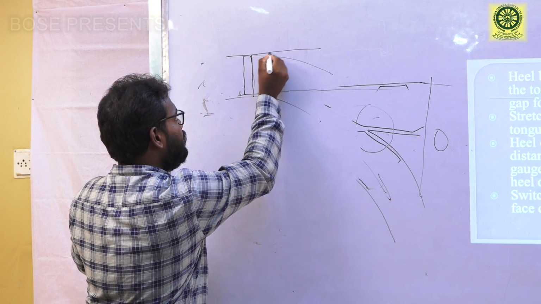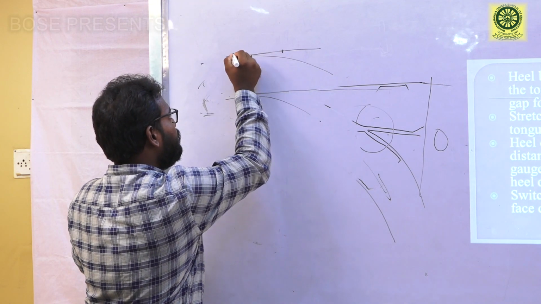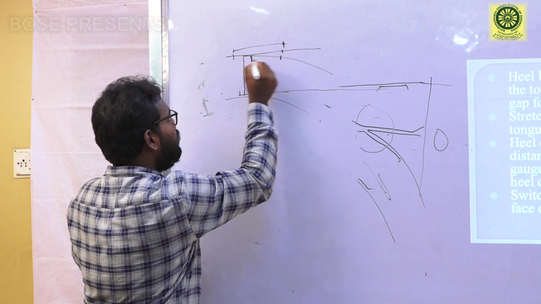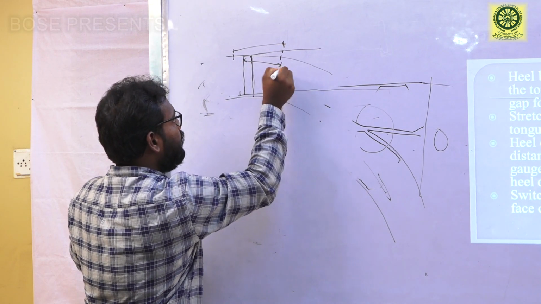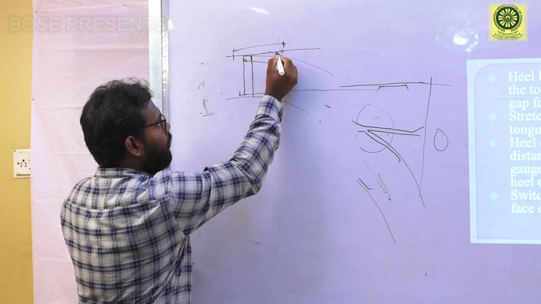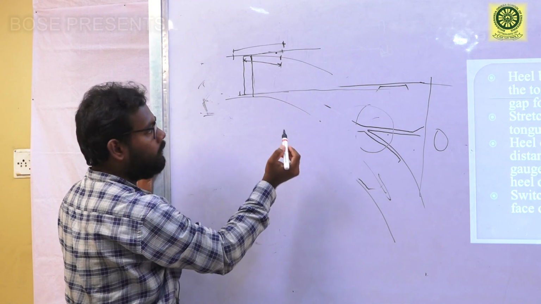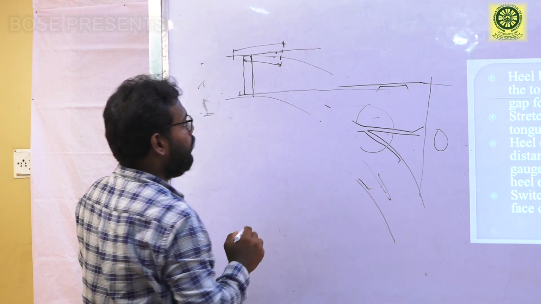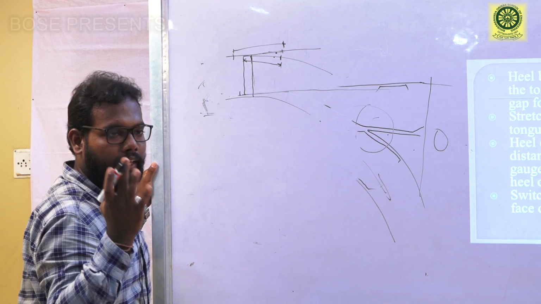So this length is the stock rail length and this is the tongue rail length. Okay, so this is the running side, or it is the gauge side of the stock rail, and it is also the gauge side of what? Tongue rail.